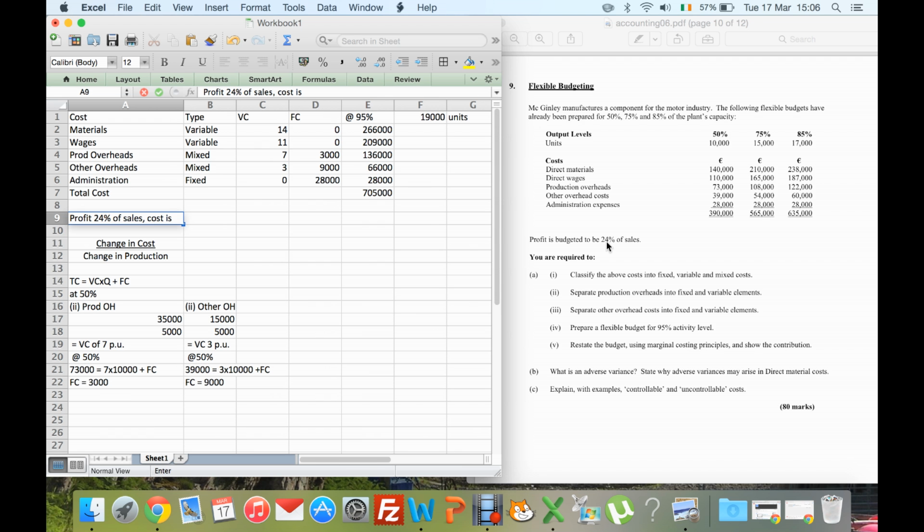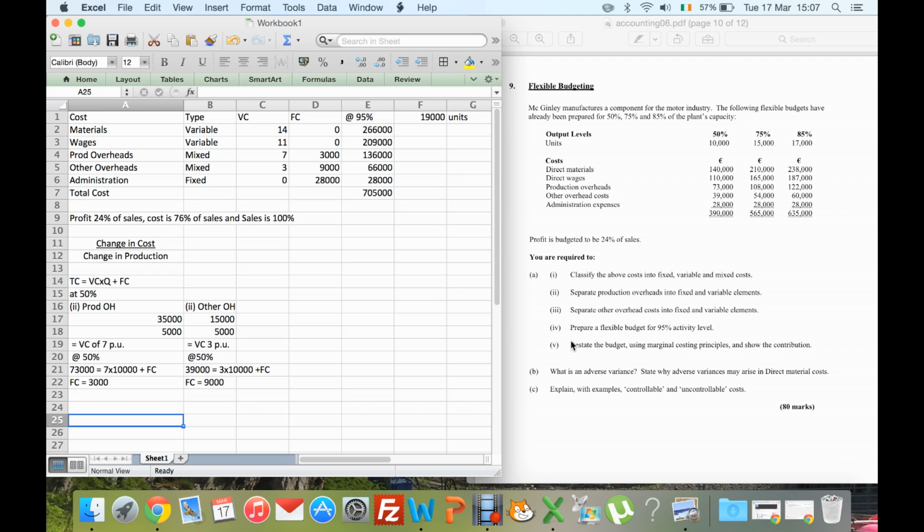So cost is 76%. And sales is 100%. So we know that that's our total cost. That represents 76%. So our sales is going to be that number divided by 76, get 1%, and then multiply by 100.